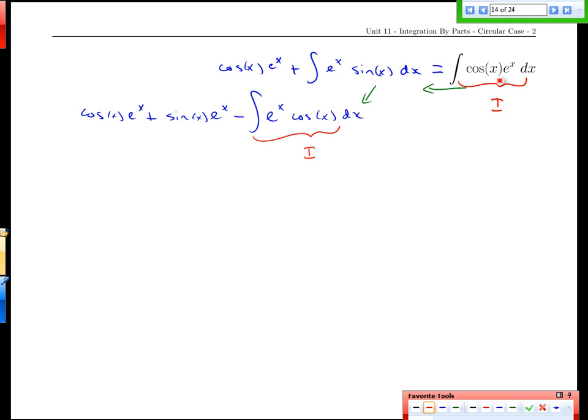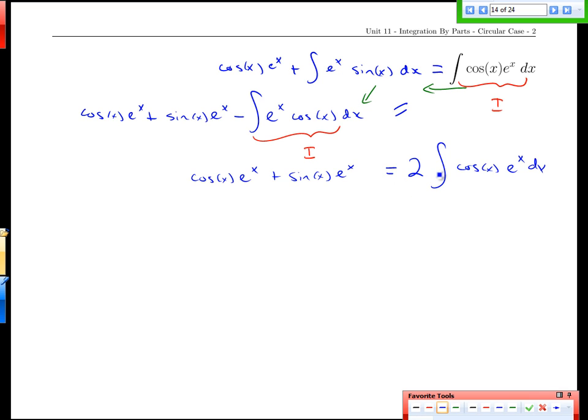This is also our original, and they're on opposite sides of the equal sign, with this one being negative, which means when we bring it over to the other side, we can actually say there's two of those. Two integrals of cos x e to the x will equal cos of x e to the x plus sine of x e to the x.